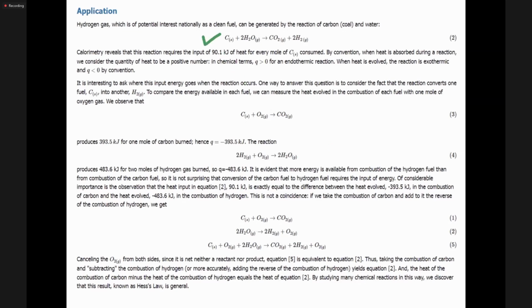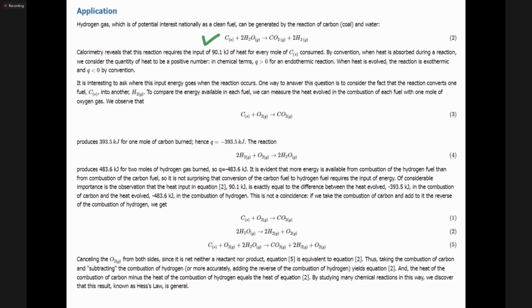So this is the reaction we are talking about. Carbon solid plus 2H2O gas will produce 1 mole of CO2 gas and 2 moles of H2 gas. Now calorimetry tells us that this reaction requires the input of 90.1 kilojoule of heat per mole of carbon consumed. So this is an endothermic reaction.